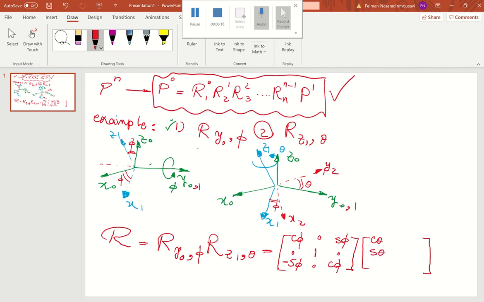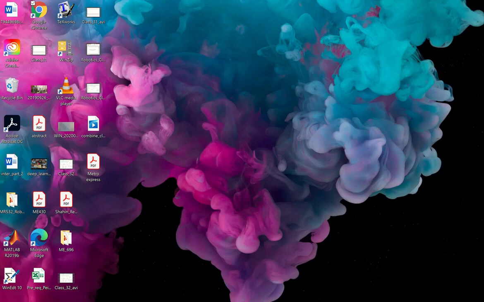And x2 with respect to z1, because it's in the normal plane, is 0. Now y2 with respect to x1 is minus sine theta.